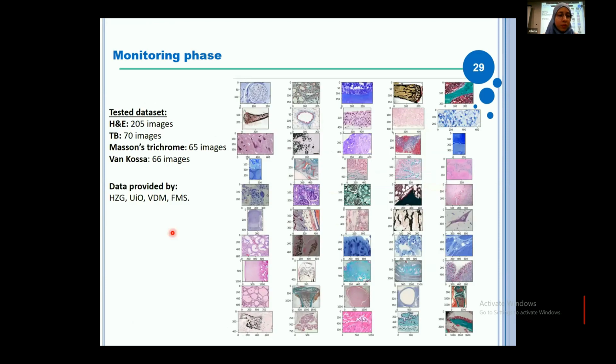We tested our recognition algorithm on a dataset composed of 400 images collected from different databases from the University of Oslo, the University of Sfax in Tunisia, and containing, supporting 4 staining methods: H&E, Toluidine Blue, Masson's Trichrome, and Von Kossa.